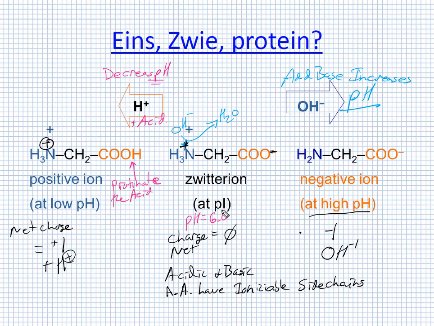So at the pI, you're going to have a positive ion on the nitrogen, a negative on the carboxylate, but the ionizable groups will not be ionized. And so, just so you know, they still have the Zwitter ion at the pI.